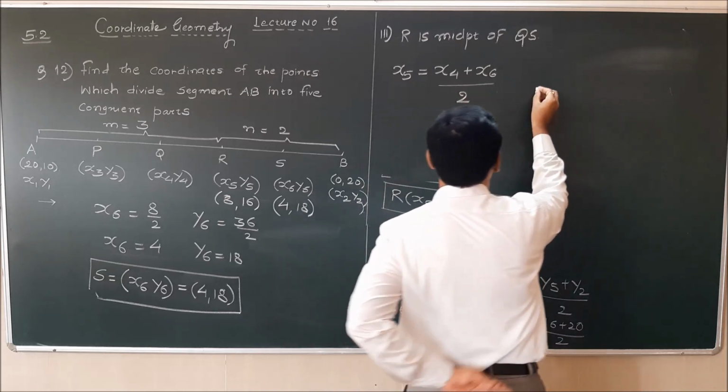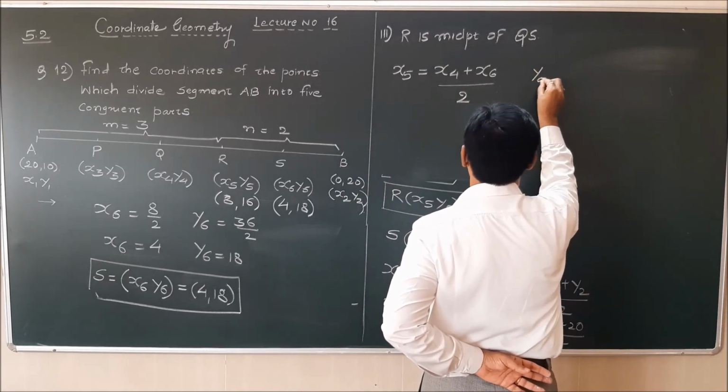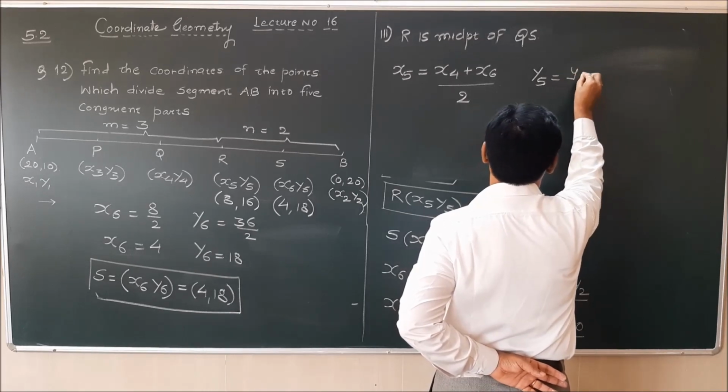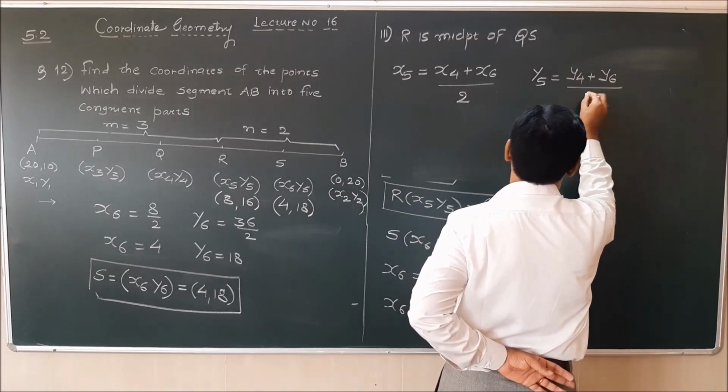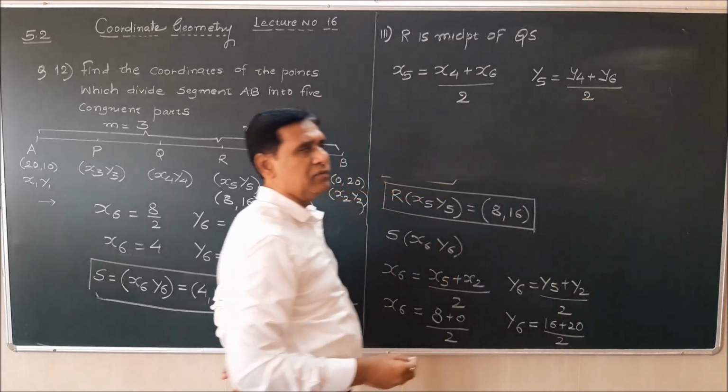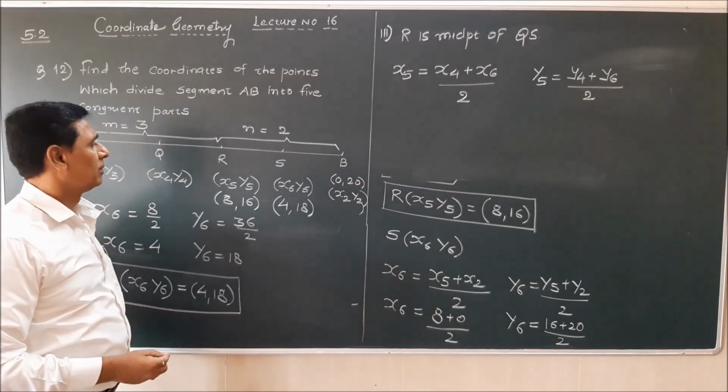In the same manner, y5 is equal to y4 plus y6 upon 2. I am using the midpoint formula.